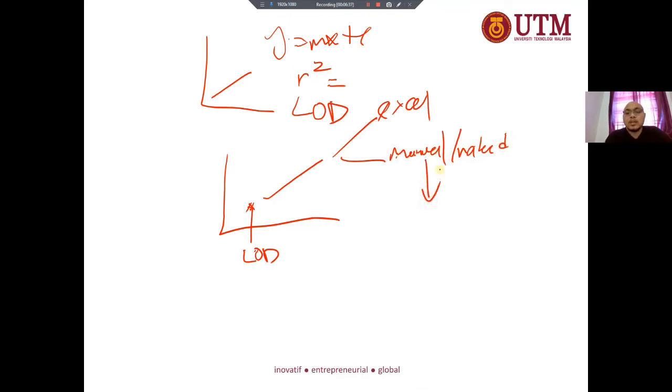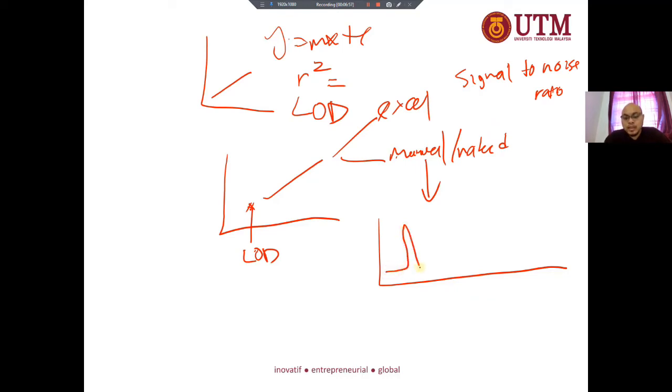How do we determine it manually? Have you heard about the signal to noise ratio? When we do the chromatogram, we have the signal, and we have the noise.